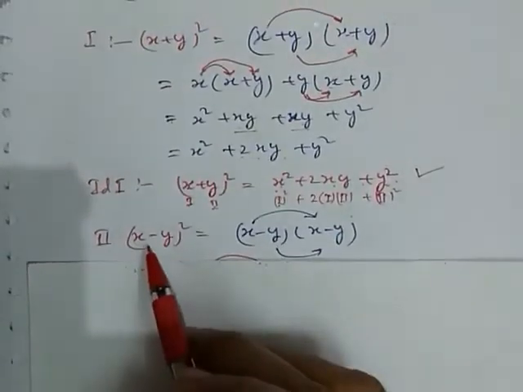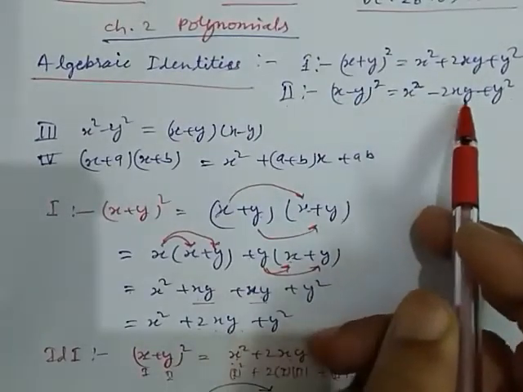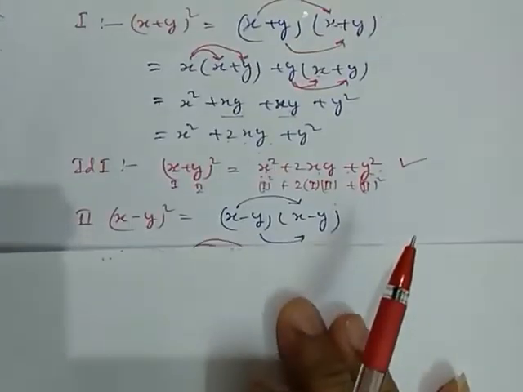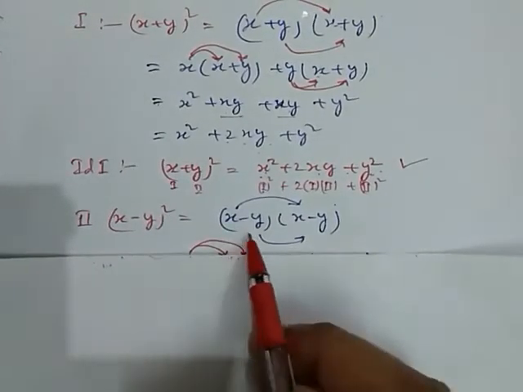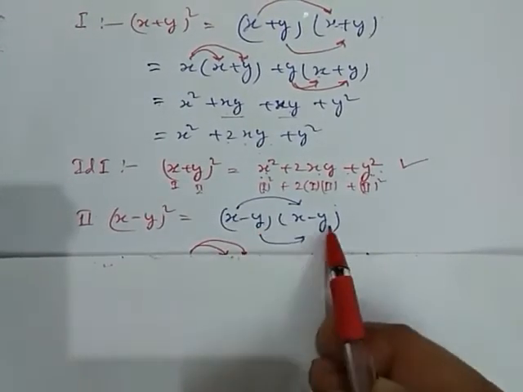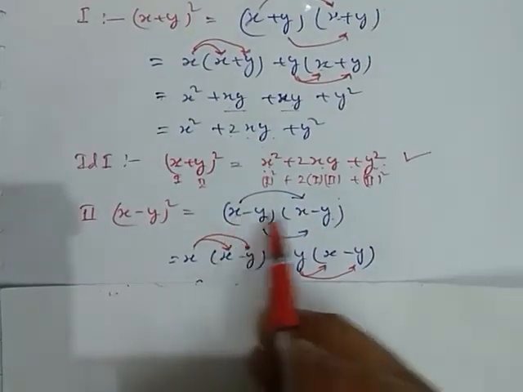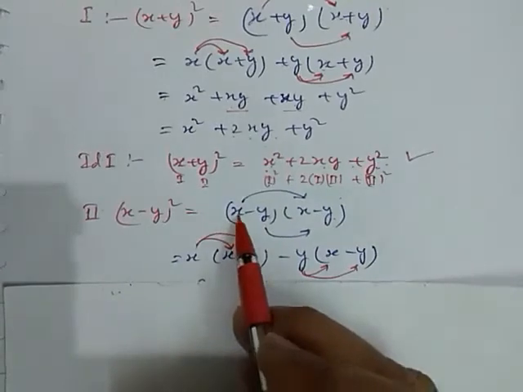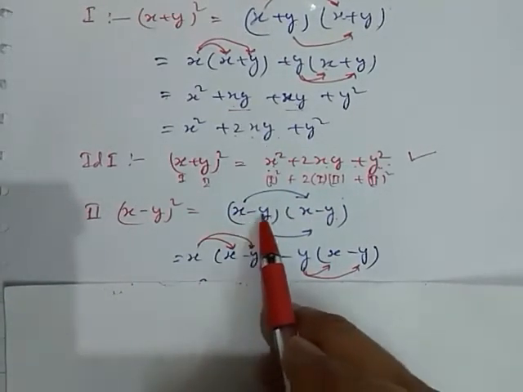Now we take the second identity, (x minus y) whole square equals x square minus twice xy plus y square. So (x minus y) whole square can be written as (x minus y) into (x minus y). Okay, now multiply this x minus y by x, and this x minus y by minus y.